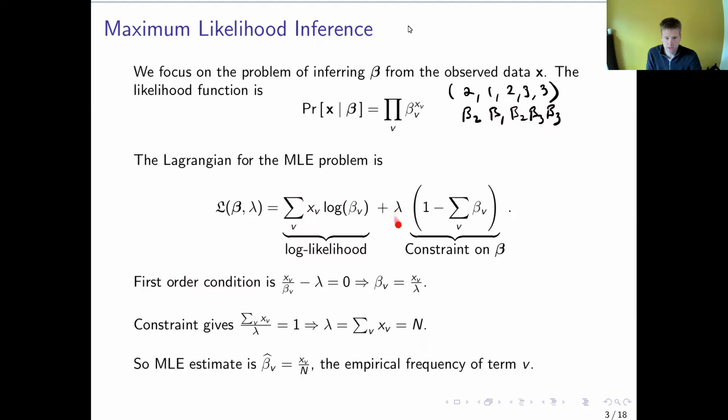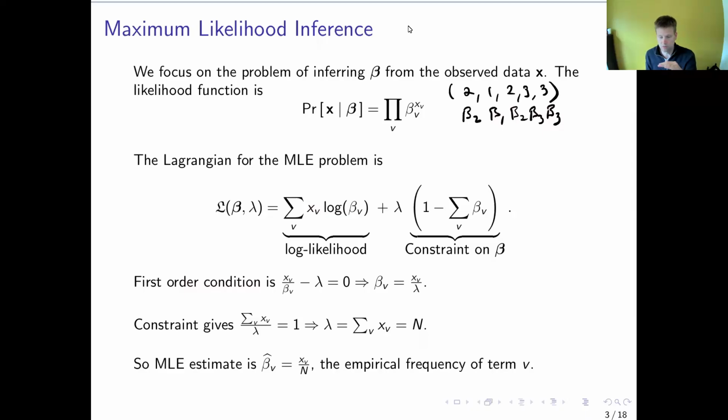I also take into account that there is a constraint on the parameters that I am maximizing with respect to. And that constraint is that these betas have to form a probability vector. So I am including a sum to 1 constraint in the maximum likelihood problem, and there's a Lagrange multiplier associated with that constraint.